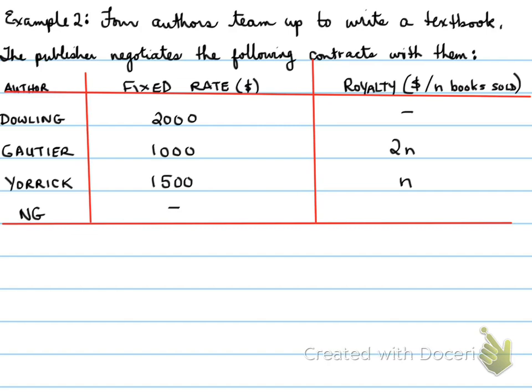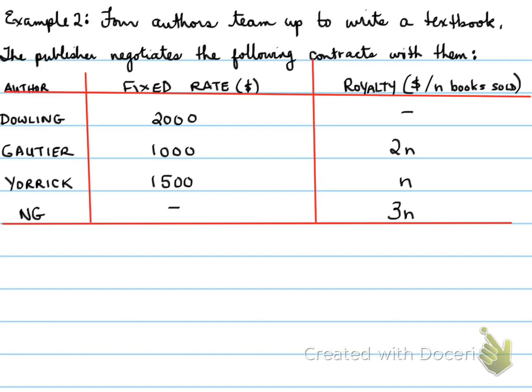Gautier makes $1,000 plus another royalty of $2 for however many books are sold. Yorick makes $1,500 but only makes $1 for every book sold. And finally, Ing doesn't make any fixed rate, but definitely makes a royalty fee of $3 for every book sold. So no fixed rate, but definitely $3 for every book sold.